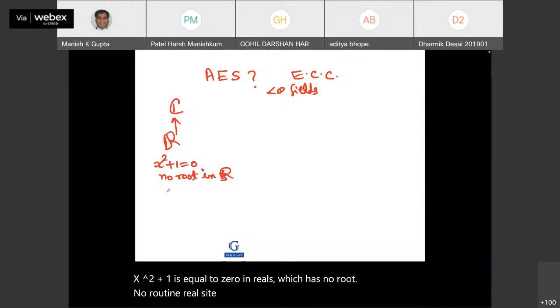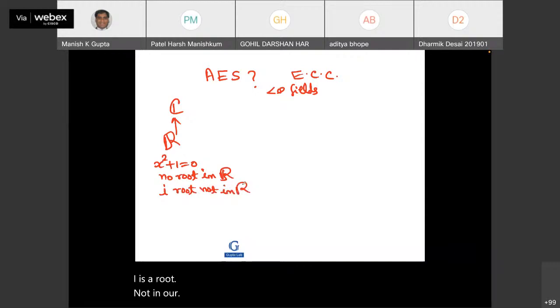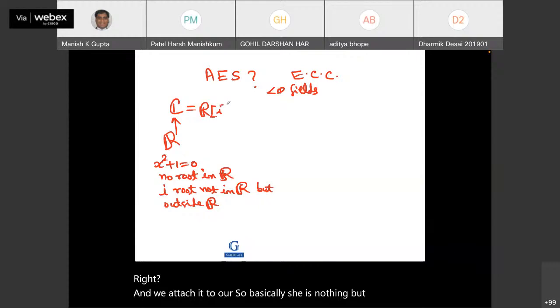Then what we do? We suppose there is a root i. i is a root not in R but outside R. And we attach it to R. So basically C is nothing but R attached with i root.